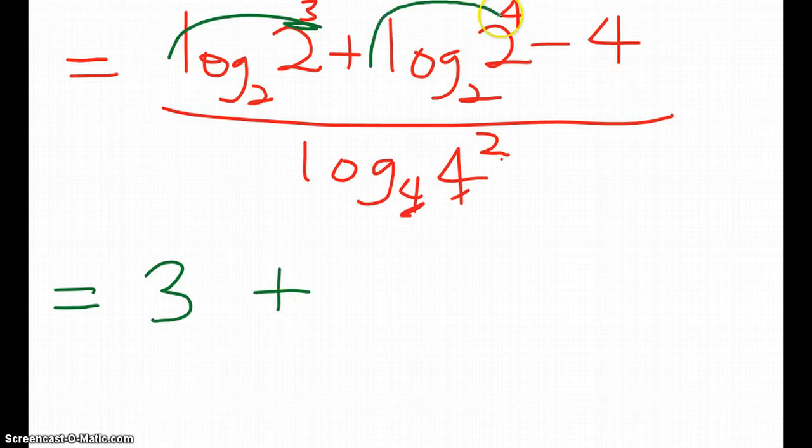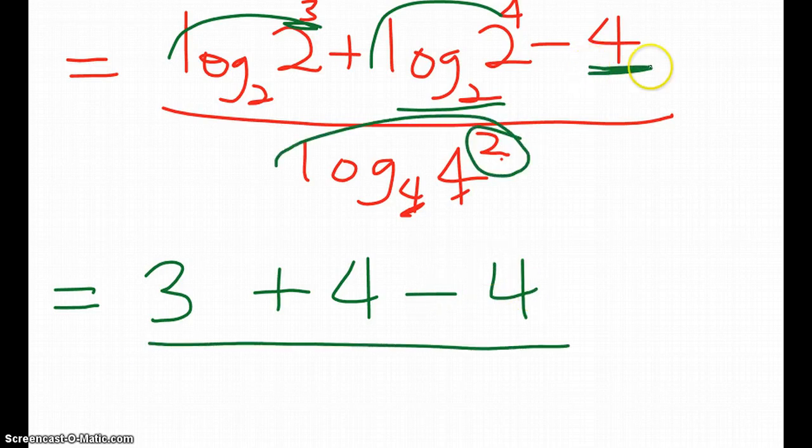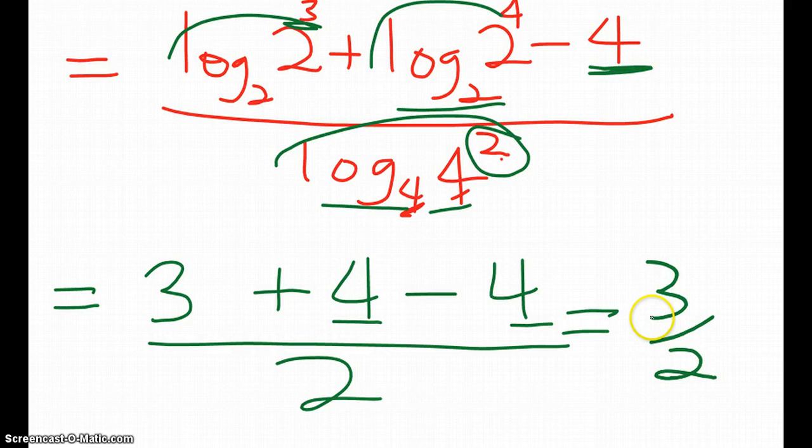And when the 4 also moves, we have 4 here, log base 2 is 1. Then minus our 4, then all divided by 2 also will move to be 2, and log base 4 will be 1. So in a nutshell, we can write this as this, and this will give us 0. So we have 3 on 2, which is the same as one whole number 1 on 2.